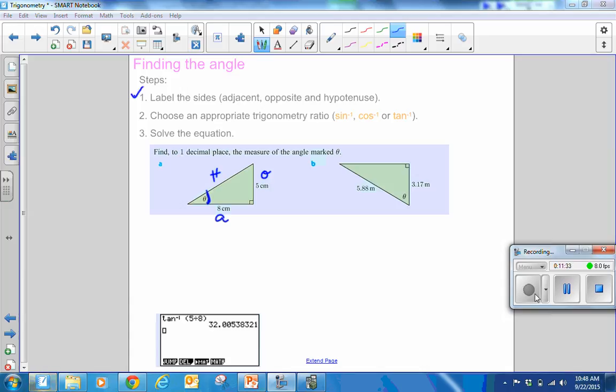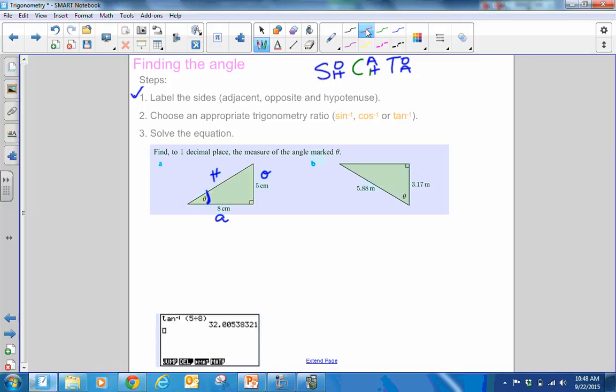Then choose the appropriate trigonometry ratio. So let's see what they are giving me. They want me to find the angle. So I have opposite and adjacent.